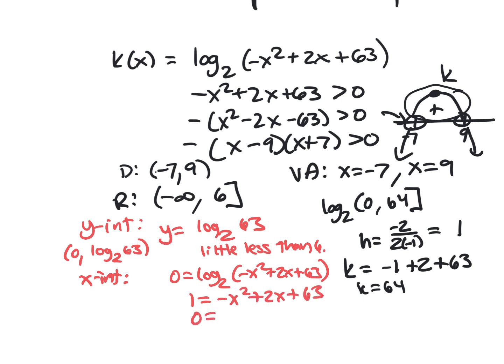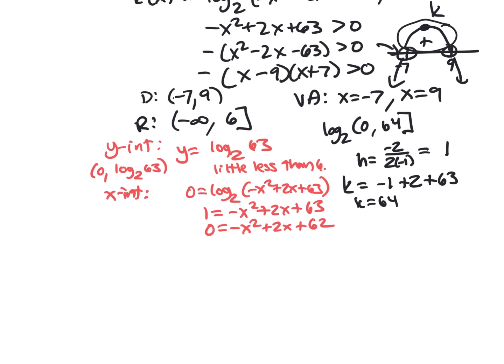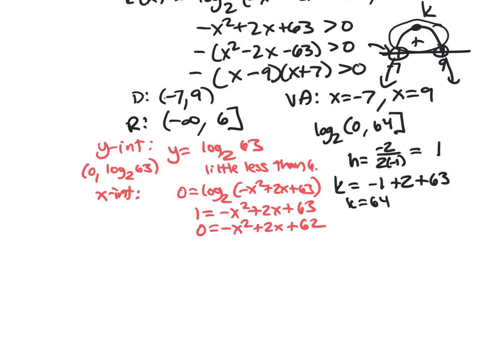So 0 equals negative x squared plus 2x plus 62. Oh boy, yeah, not looking good. All right, so let's do the quadratic formula. So x equals negative b plus or minus the square root of b squared minus 4 times negative 1 times 62, over 2 times negative 1.